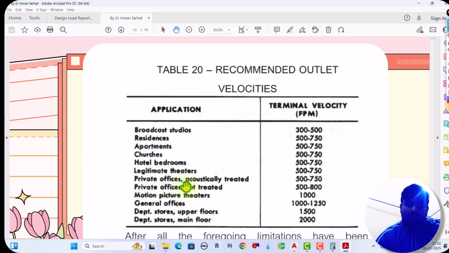See, for the private offices, the neck velocity is how much? 500 to 750 we have to take.